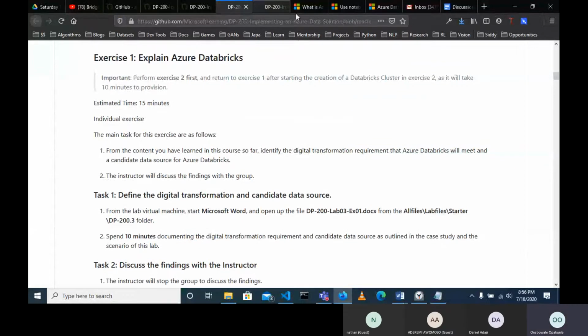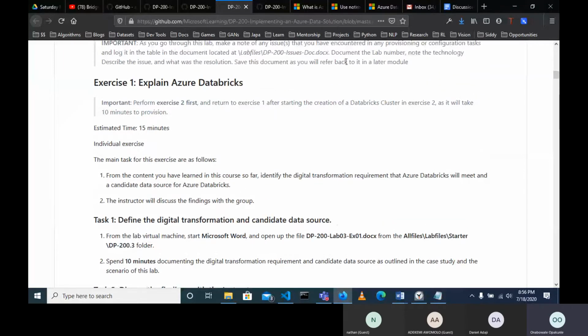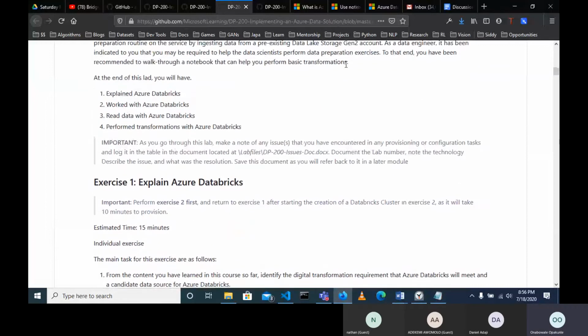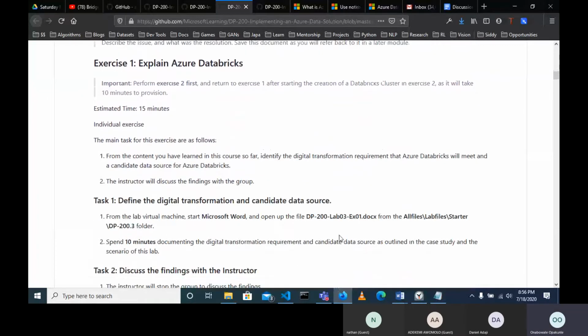So now we'll connect to a lot of databases, right? Let's now discuss what kind of storage, what data source, you think would be best in this scenario to use with Azure Databricks.